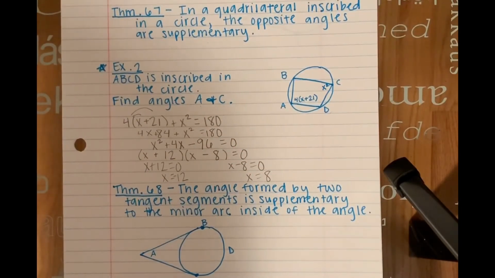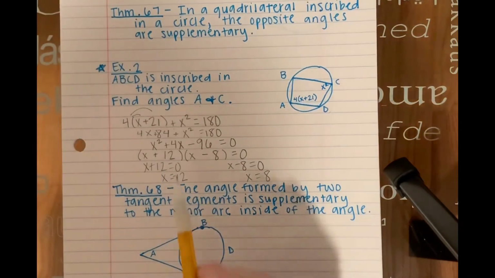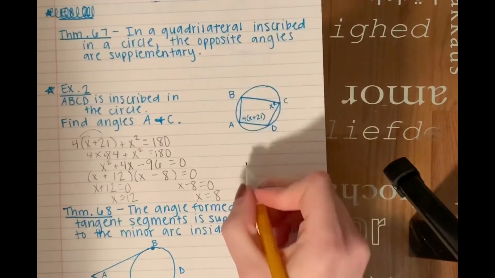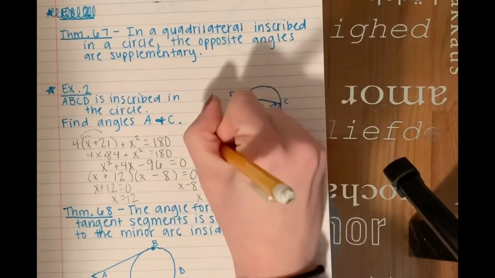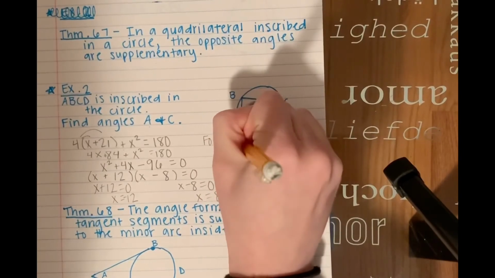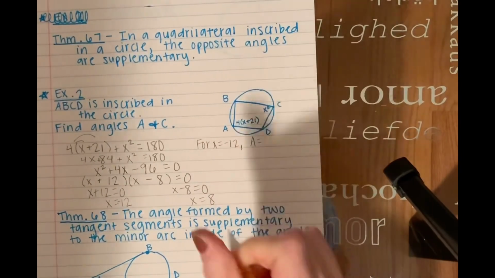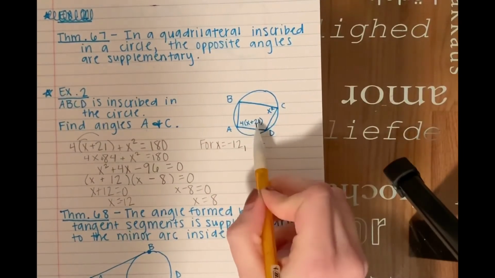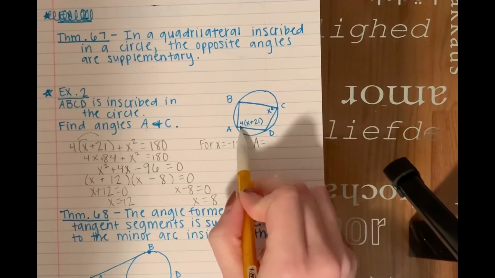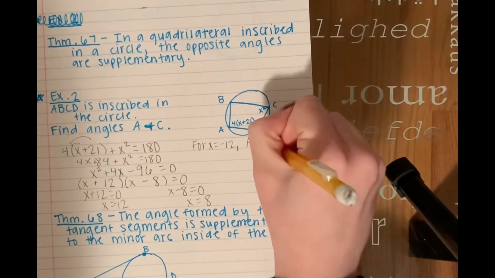Now we need to make sure that both of those work because they want the actual angles A and C. So let's use x equals negative 12. A would equal 4 times negative 12 plus 21. So negative 12 plus 21 would be 9, times 4 would be 36.